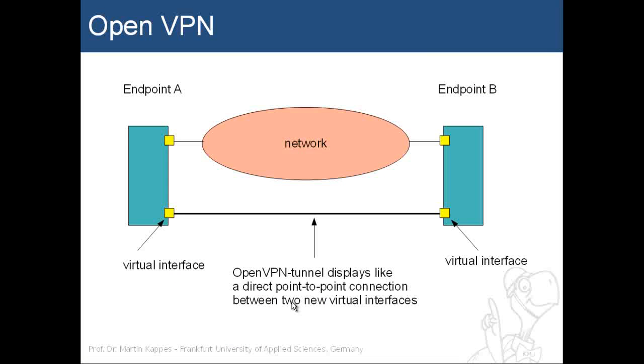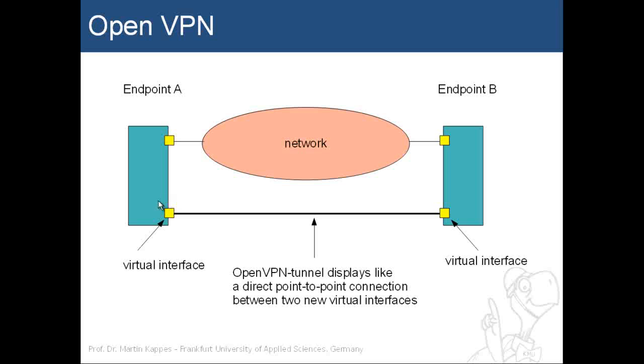So again, for OpenVPN, what we actually do is we are creating a virtual interface either on the data link layer or on the network layer, and then we are using SSL/TLS to actually transport the traffic through the unsecured network. So that's again the picture of what happens conceptually.